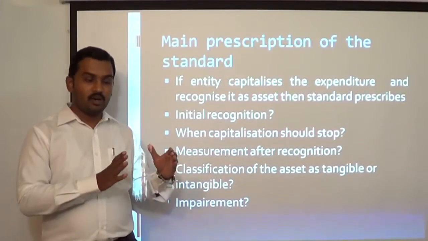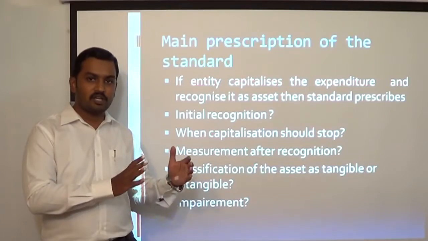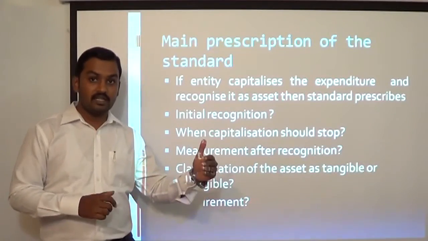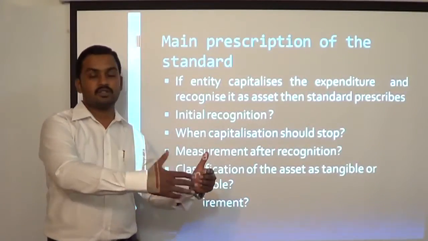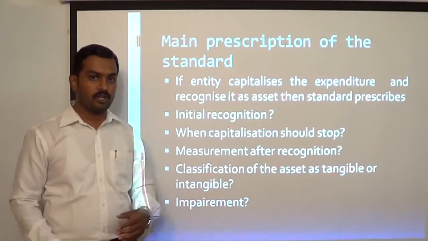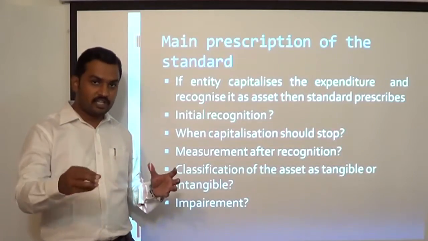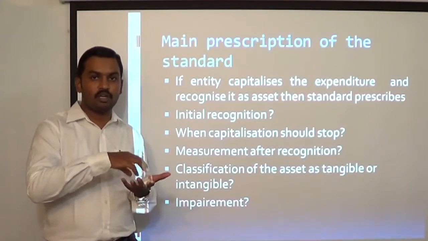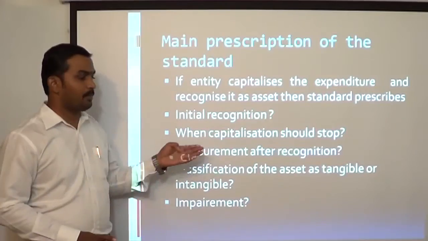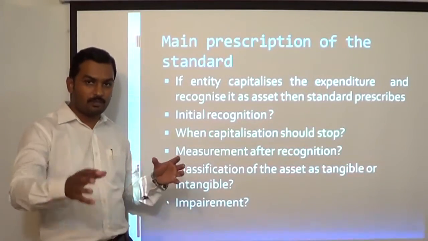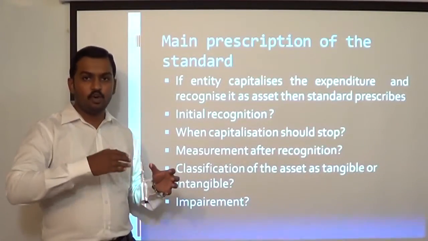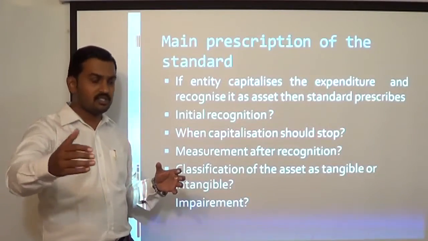But suppose you are already treating exploration and evaluation expenditure as an asset, then there are certain prescriptions from the standard which we have to follow. Initial recognition: when you are initially recognizing this expenditure as an asset, at what value should you recognize it? When should capitalization stop? You are capitalizing expenditure, treating it as an asset. When should capitalization cease?